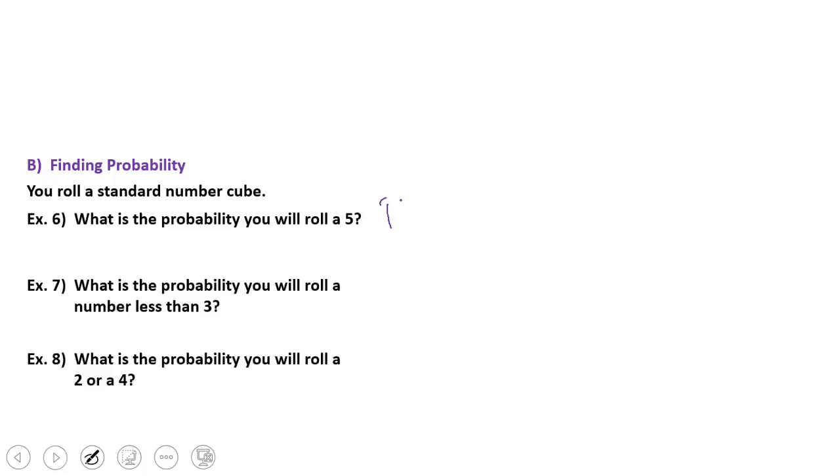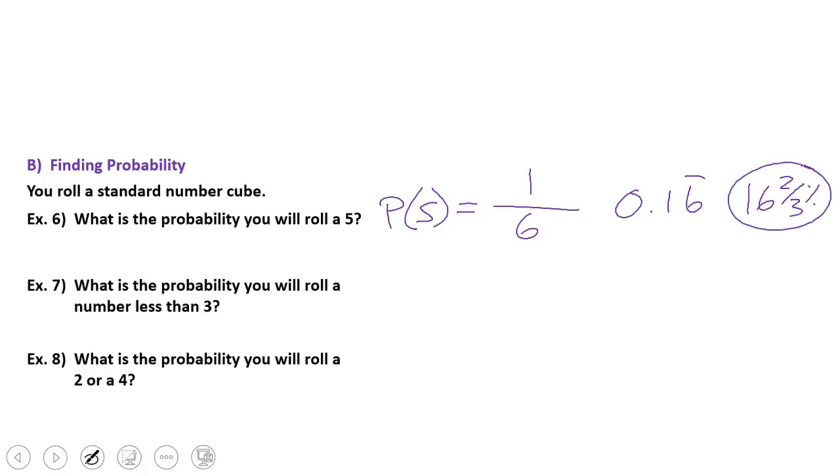So how would we write that? That's right, a capital P with a 5. Probability of a 5. Well, what's the favorable number of 5s on a standard number cube? That's right, there's 1. And how many possible outcomes? There are 6. And of course, if you divide 1 by 6, you get 0.16 repeating, which is 16 2/3% chance, which means it's very unlikely.